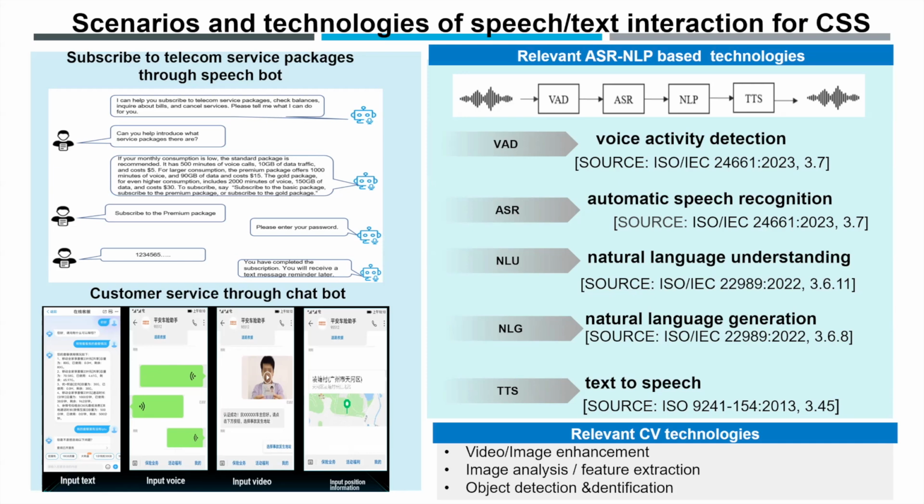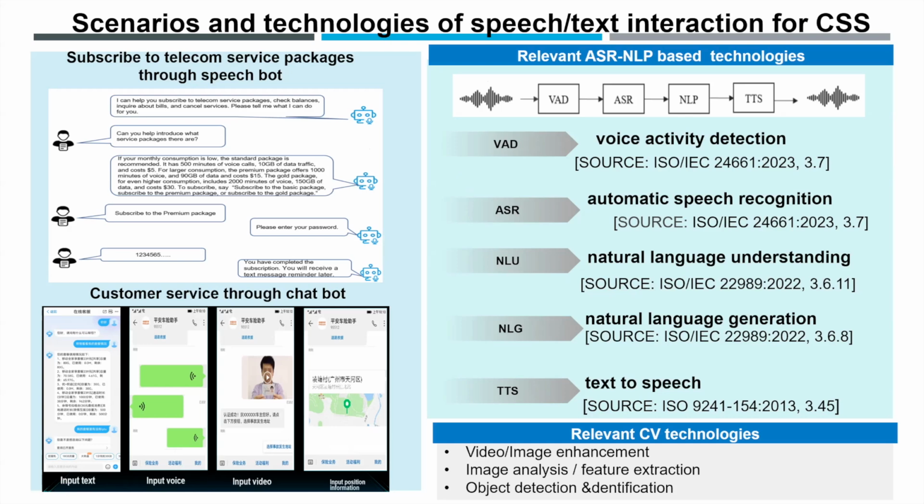The first is we can input text, input voice, input video clips, and also input position information, the GIS, to share your location. The technology used in this text or speech interaction is mainly already specified in our working group, I think.